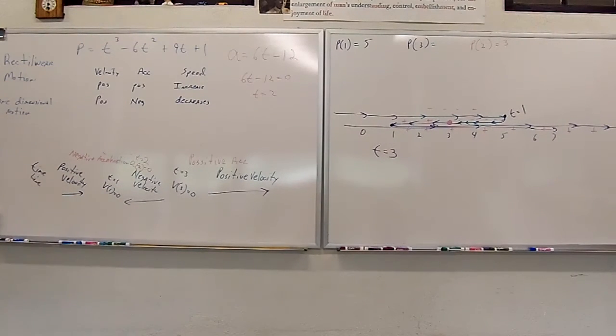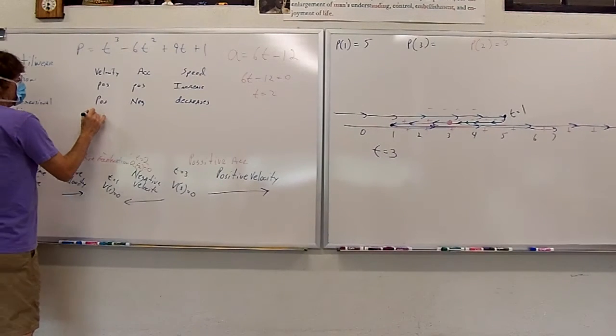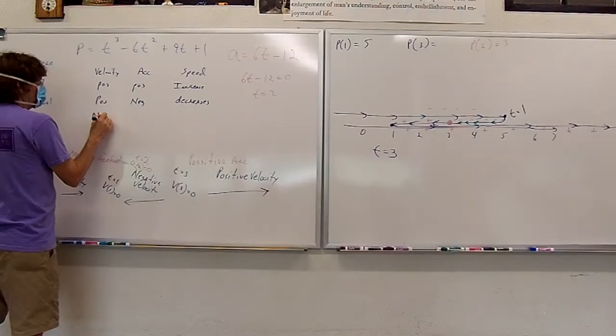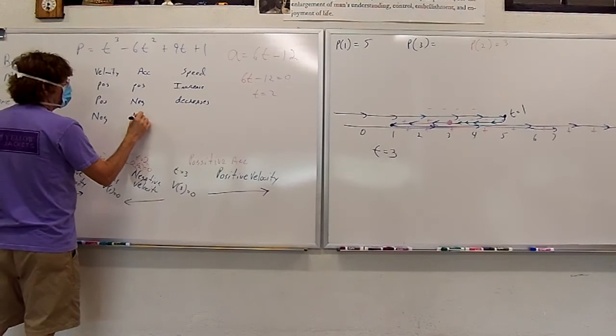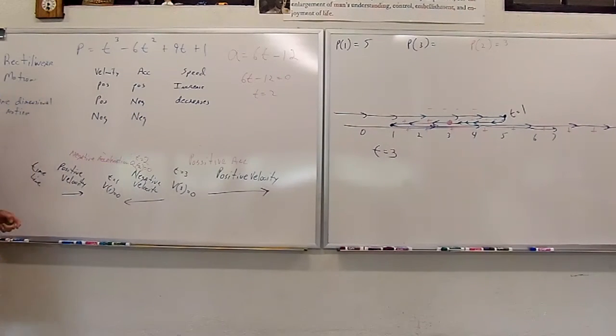Now, the ball starts towards the ground. We now have a negative velocity and we have a negative acceleration. Now remember, the ball's going towards the ground. The negative tells us that if the velocity is negative, it's got to be going in the negative direction. But what happens to the speed as that ball comes back out of my hand?